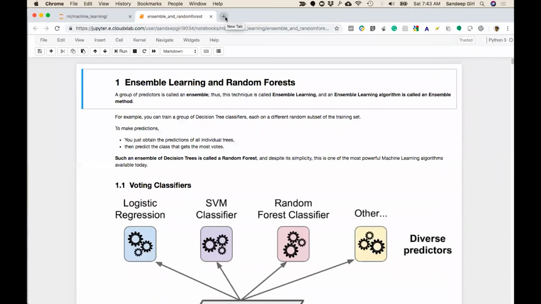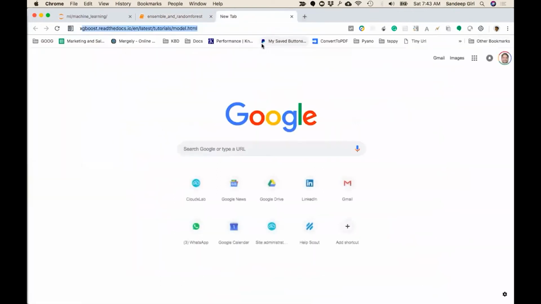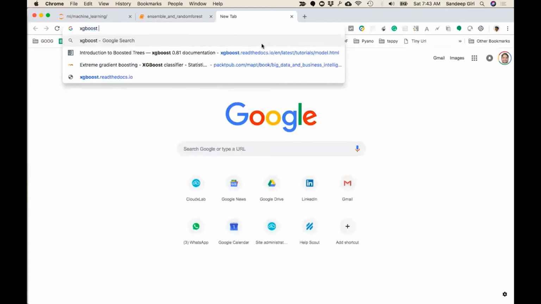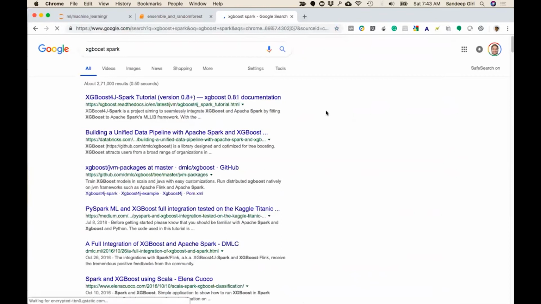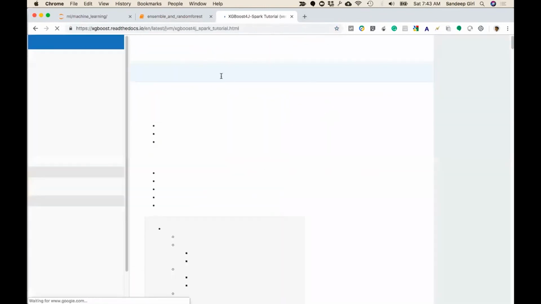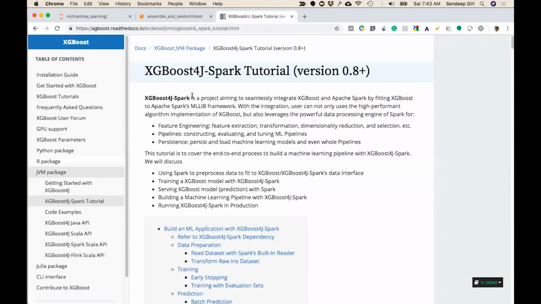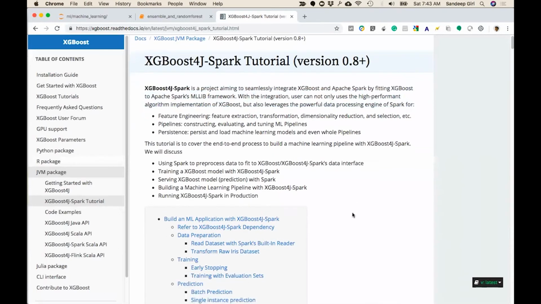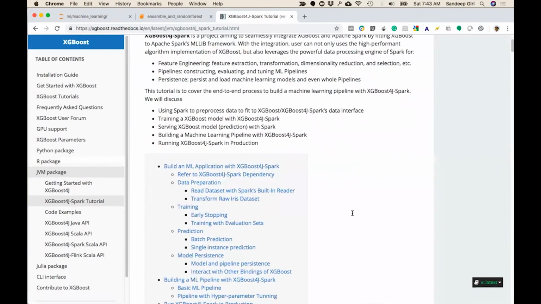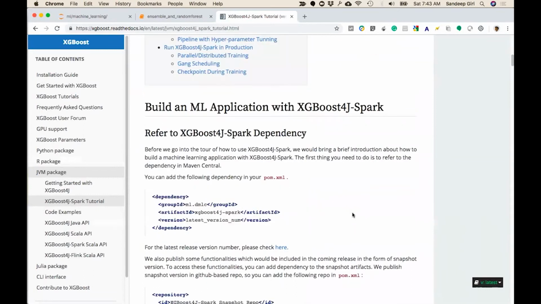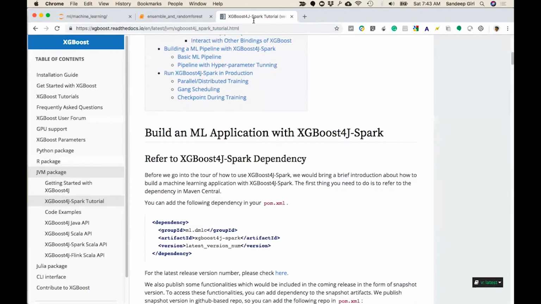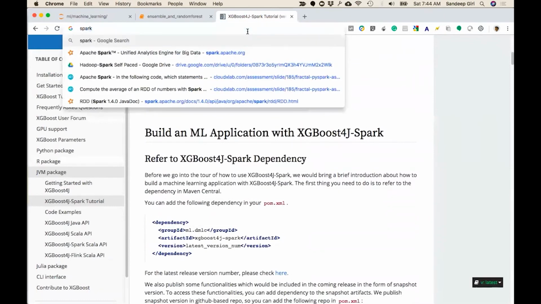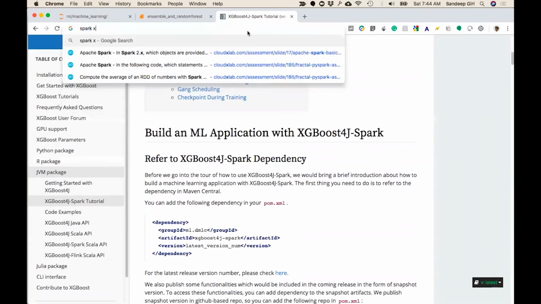The XGBoost is separate from SparkLib. Though there is one, it would basically be made available as importable, external. Yeah, that's what I'm talking about, MLlib. I don't think Spark has the implementation for XGBoost.